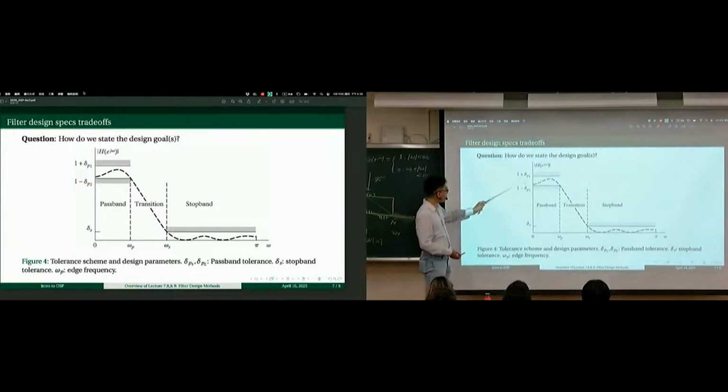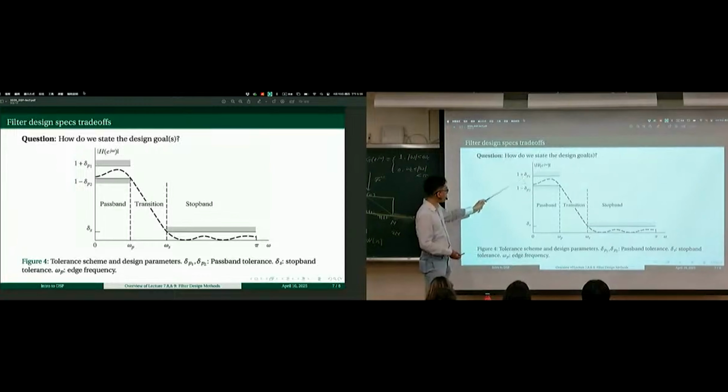So that's 3 tolerance parameters. You also specify the cutoff frequency or edge frequency for the pass band, and the starting frequency of your stop band at a higher frequency than that. So that's the tolerance scheme.